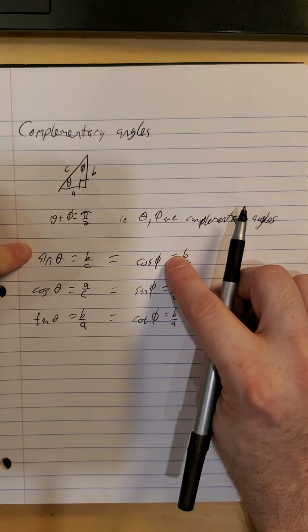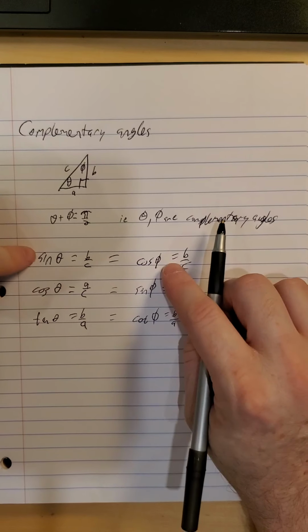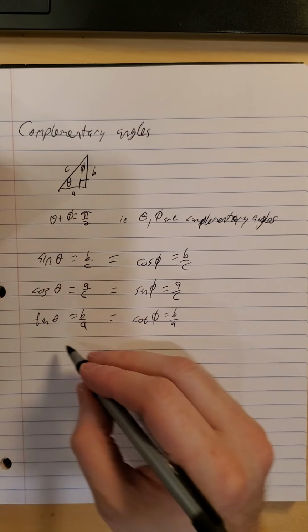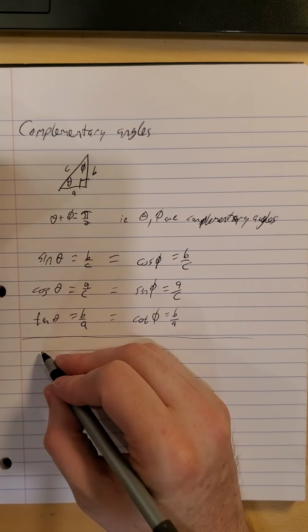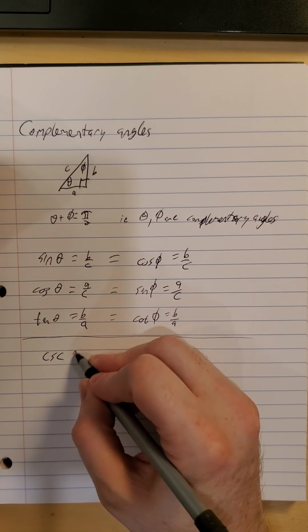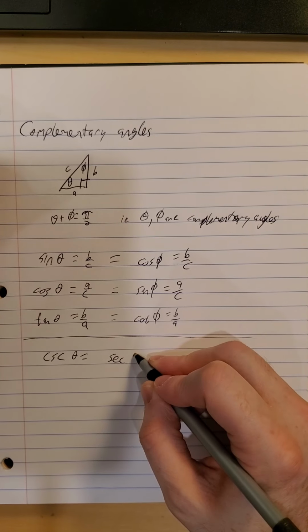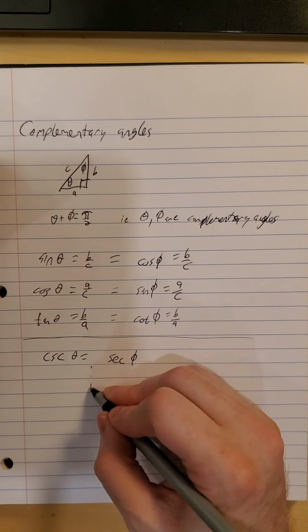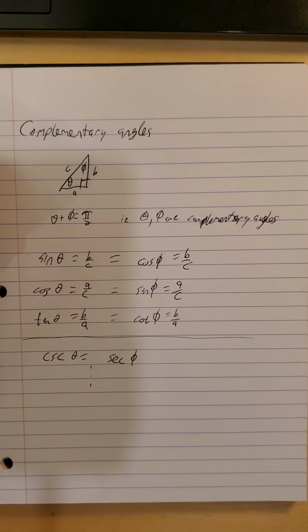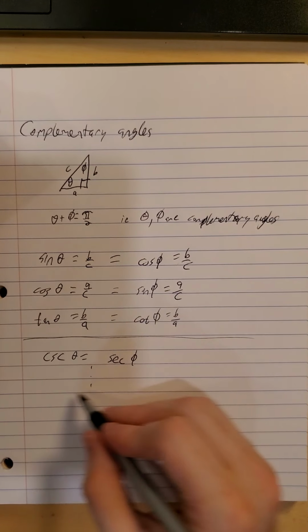Now, if the originals are equal to one another, the reciprocals would have to be as well. So, for example, cosecant of theta would equal the secant of phi, and so on.